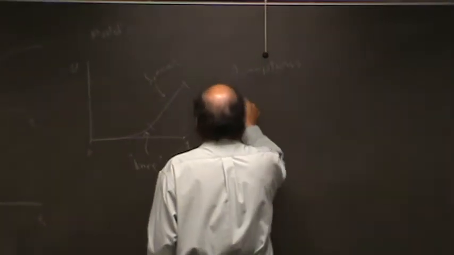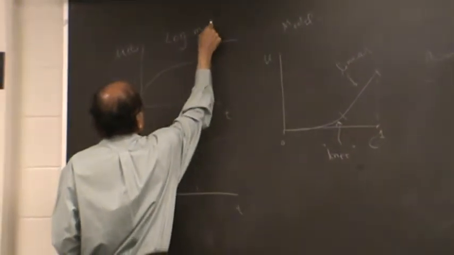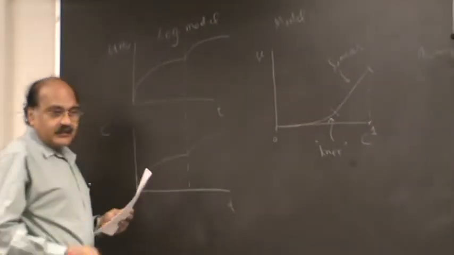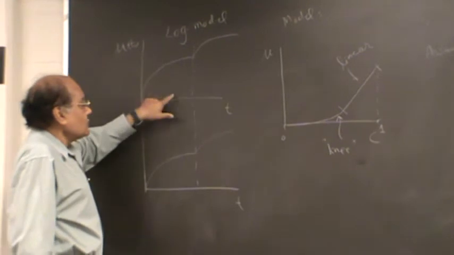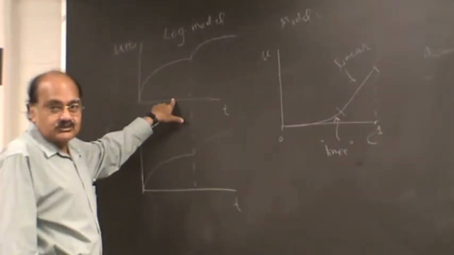So one of the assumptions was that this plot is governed by the logarithmic model. And as I have mentioned, a logarithmic model actually fits quite well most types of data.